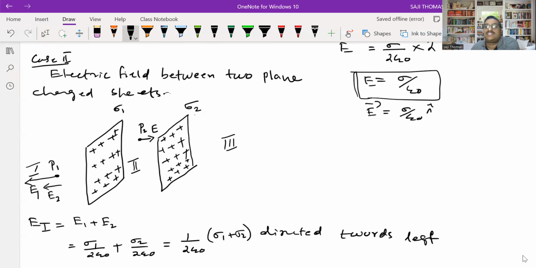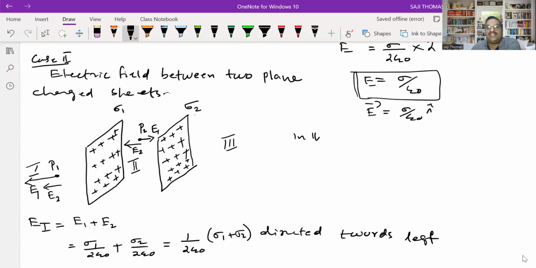Electric field due to the second sheet at the point P2 is opposite in this way, because electric field is always pointing away from the charge sheet for positive charge. Positive charge, it points away. So in region 2, these two fields are opposite in direction.